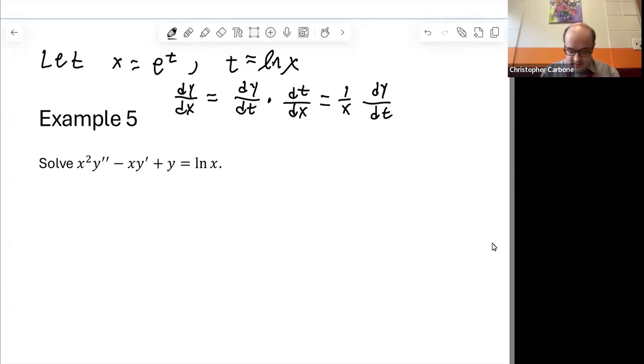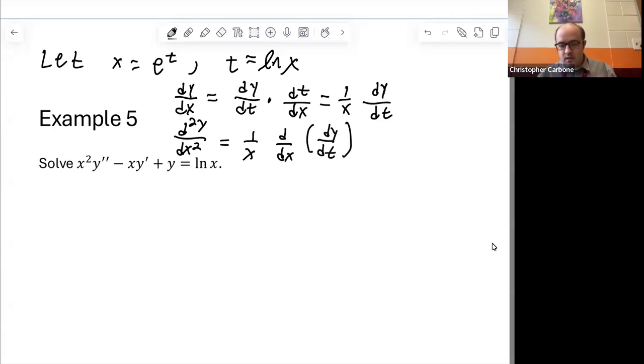So for the second derivative of y with respect to x, this is going to make 1 over x times the derivative with respect to x of dy over dt, plus the derivative of y with respect to t times negative 1 over x squared due to applying that product rule.